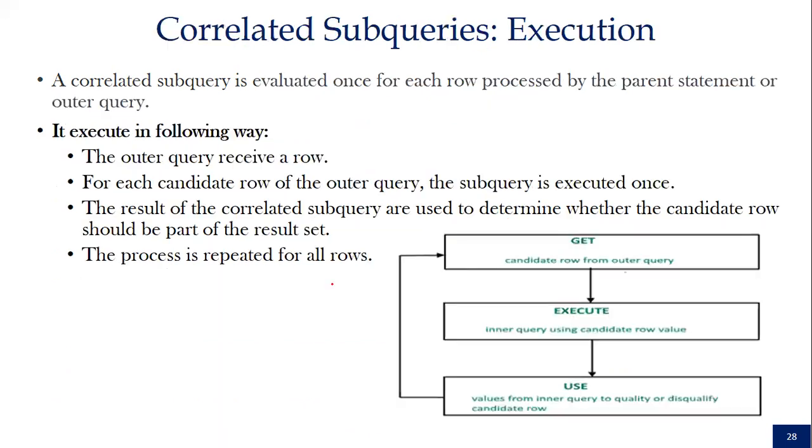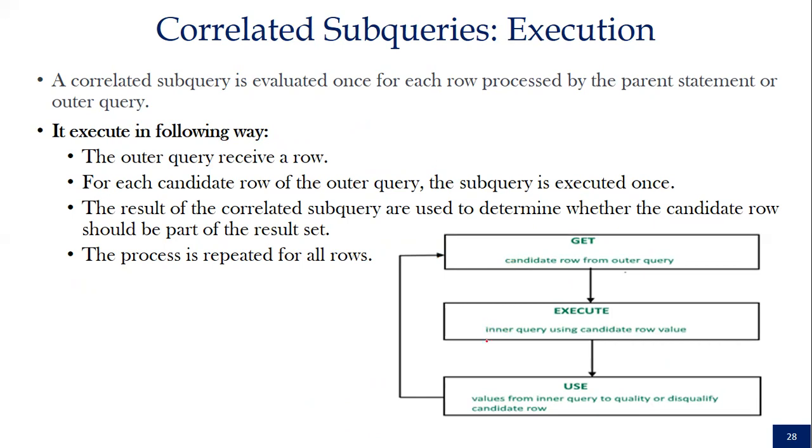Okay, now you can see the execution of the subquery will happen in this way. First, fetch the candidate row from the outer query. Then take this candidate row and use it to execute the subquery, the inner query.